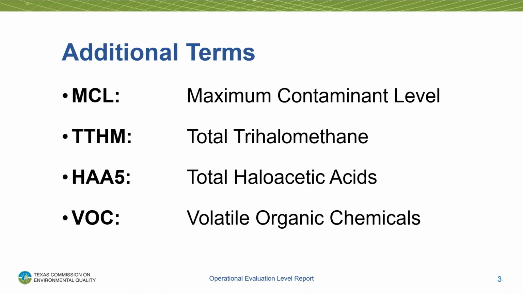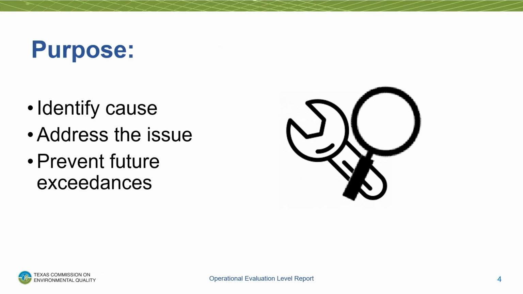You'll see that it's for the TTHM and HAA5, that's DBP, so total trihalomethanes and haloacetic acids. I'll also say MCL, which is the maximum contaminant level, and VOC, which is volatile organic chemicals.